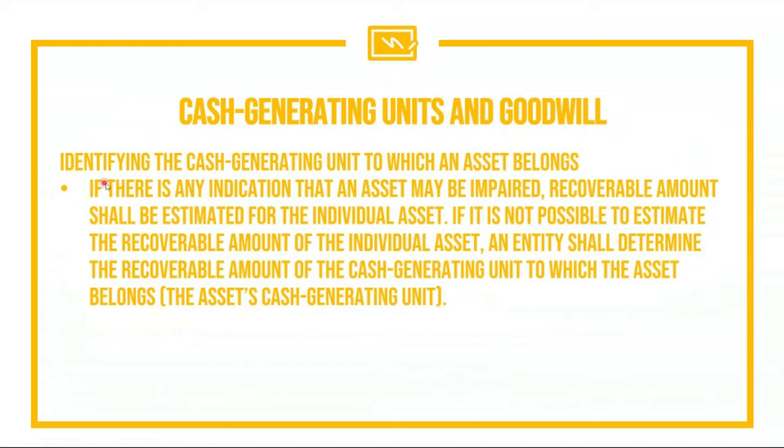let us first have this topic: identifying the cash generating unit to which an asset belongs. Okay? So if there is any indication that an asset may be impaired, recoverable amount shall be estimated for the individual asset.